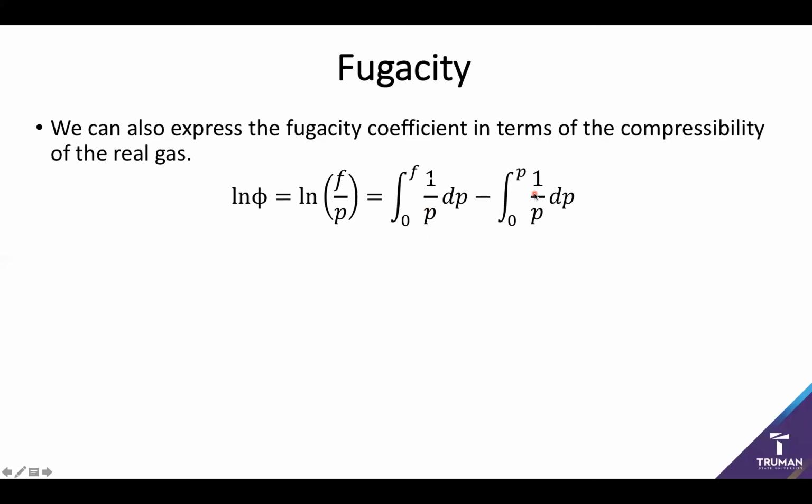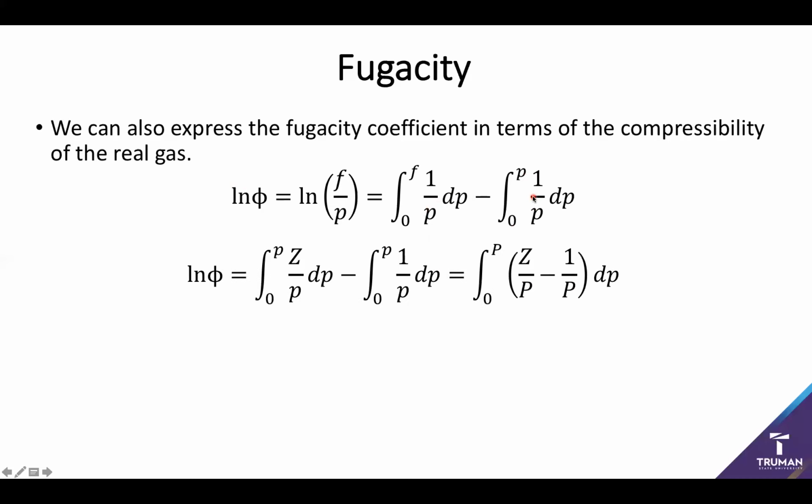So using this relationship, we can then go ahead and express our fugacity term as now an integral of, instead of 0 to f, from 0 to P, but now I've incorporated all of that non-ideality in terms of the compressibility coefficient.